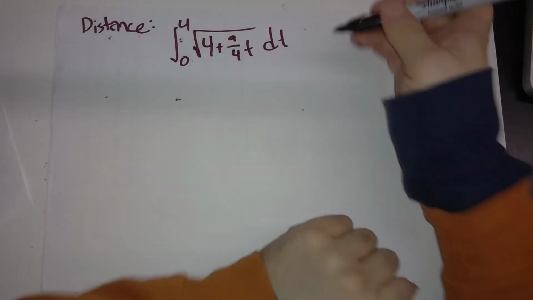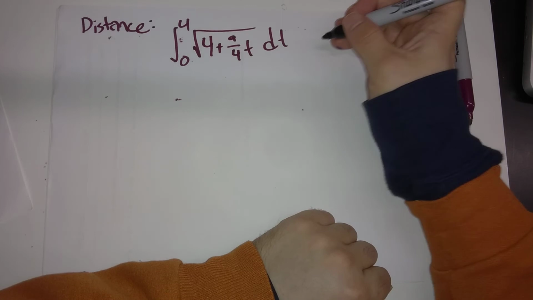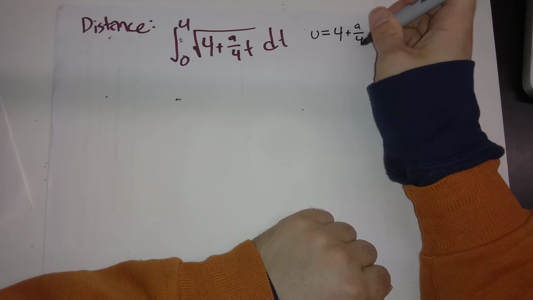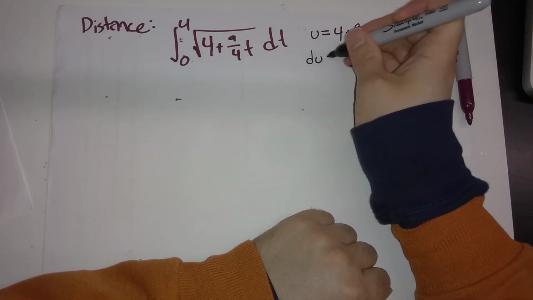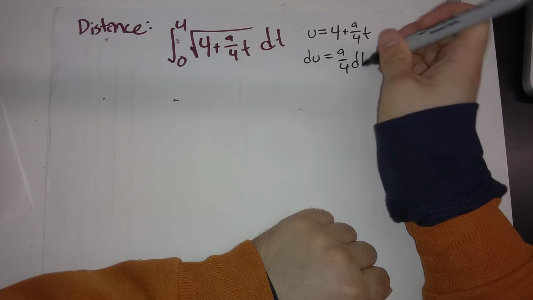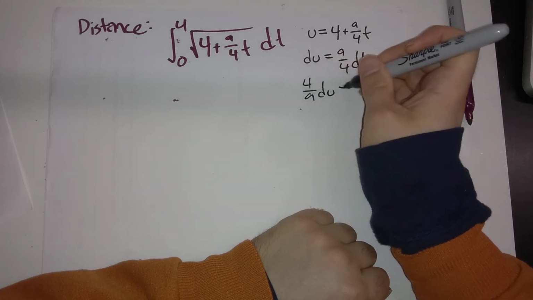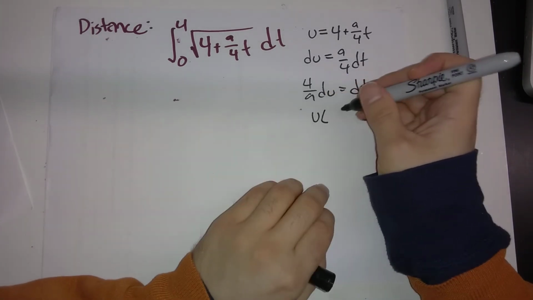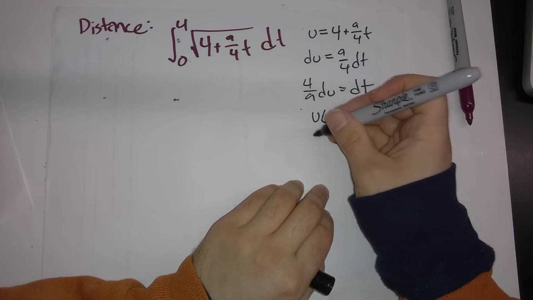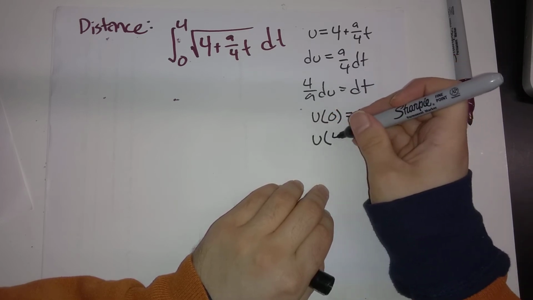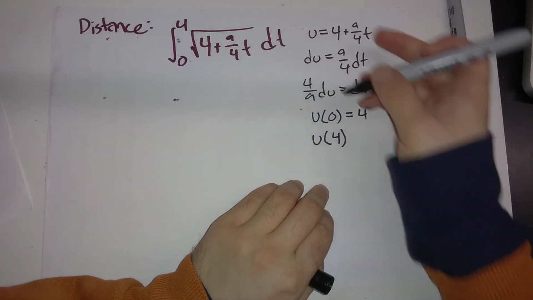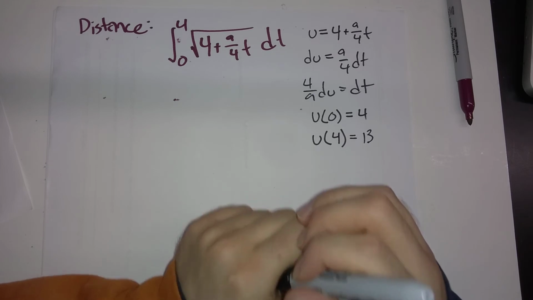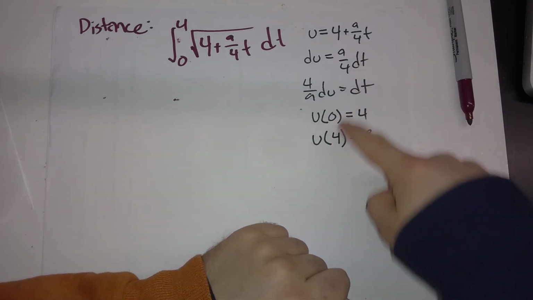And so, how do we compute this? We want to substitute in u is equal to 4 plus 9/4 t. du is equal to 9/4 dt, so 4/9 du is equal to dt. Change our bounds: when t is 0, u is 4. When t is 4, u is 13, because we plug in 4 up here, 4 plus 9.